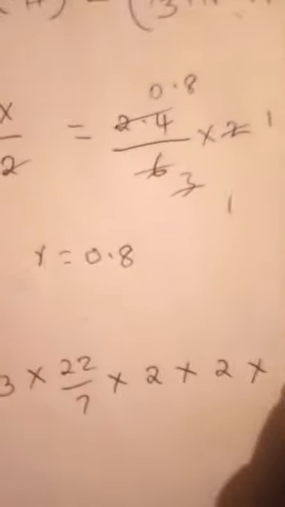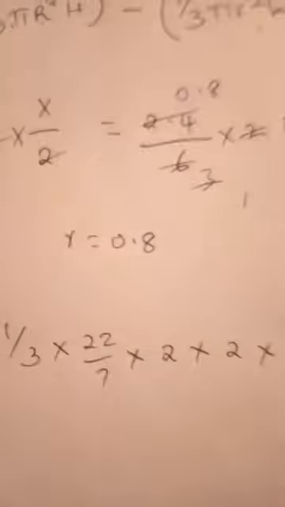So here is 0.8 centimeters. Now let's go straight to the formula, which says to get the volume, it is a third times pi, which is 22/7, times the larger radius, which is 2, squared, times the height of the larger cone, which is 6. Let's close the brackets and we open the brackets.